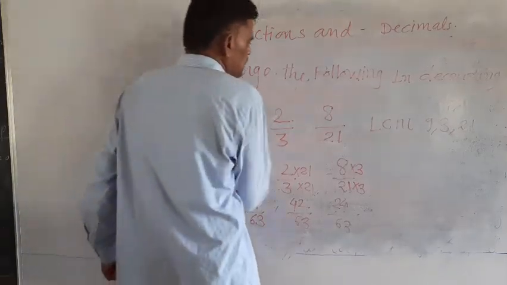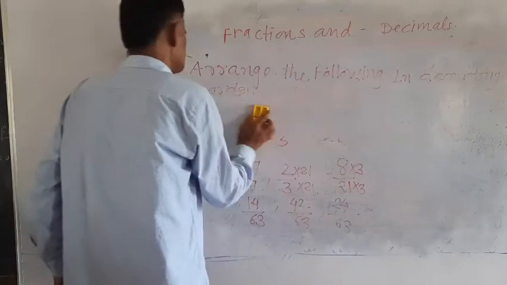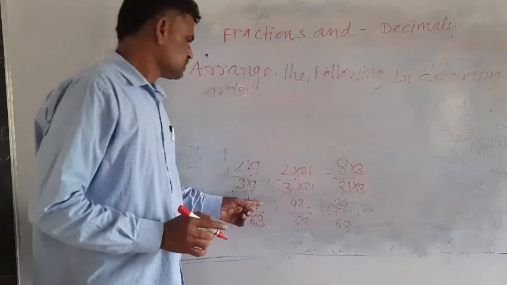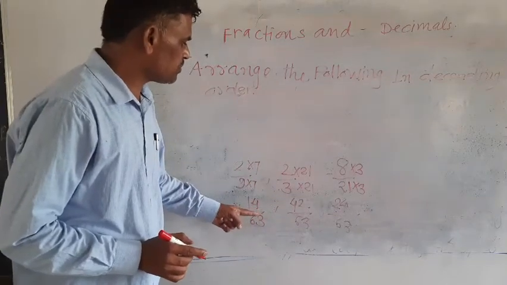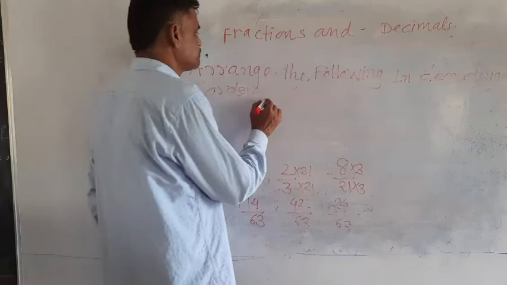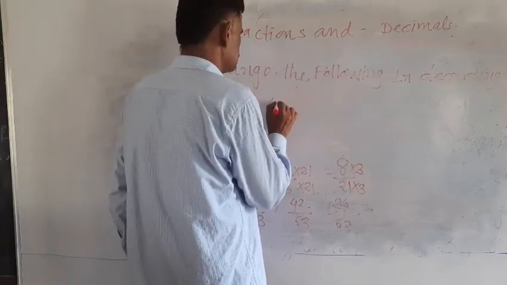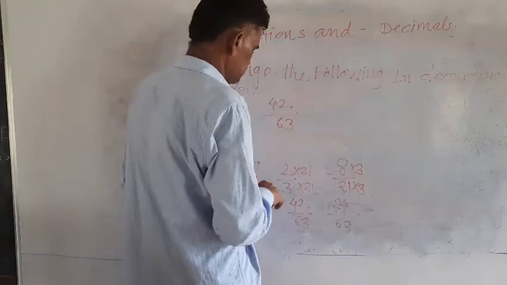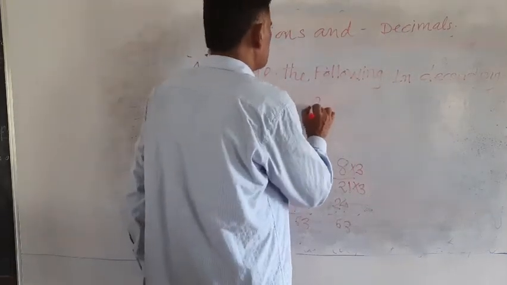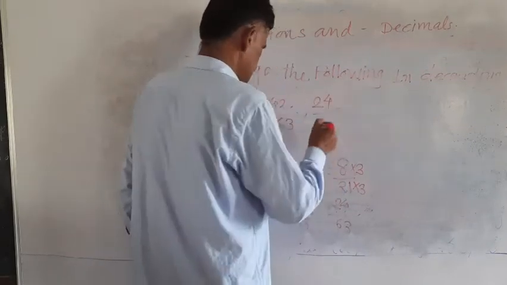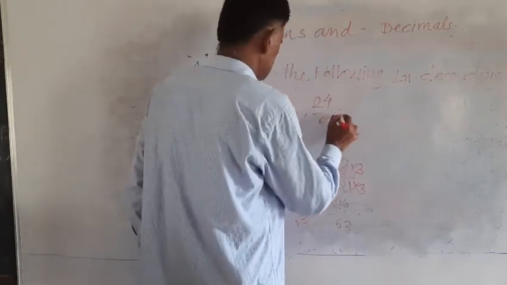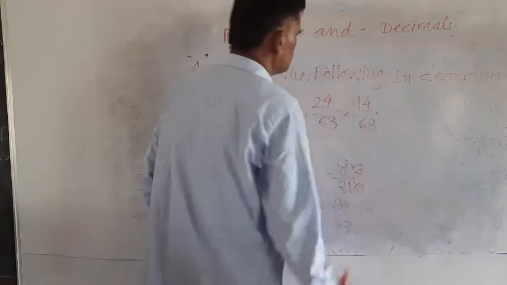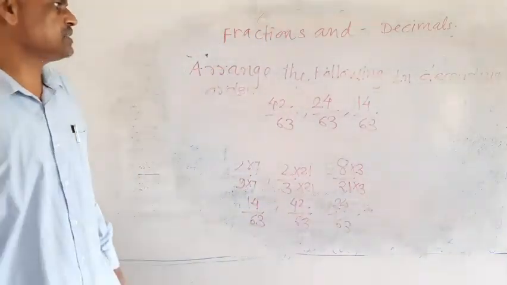Well, let us start from here. Descending order. Which number will come first here? 42 by 63, then 24 by 63, then 14 by 63. This is our correct answer.